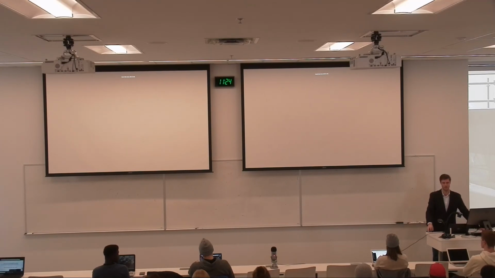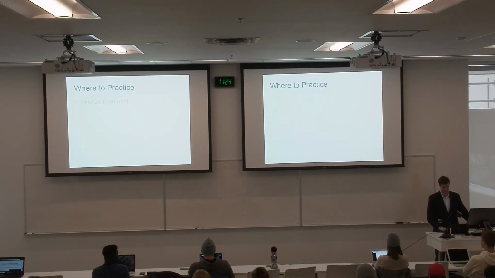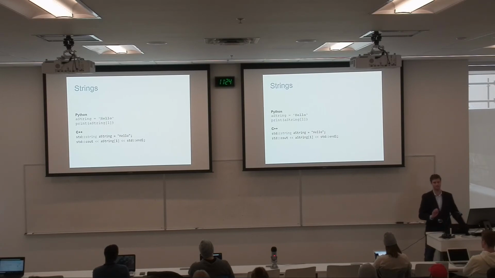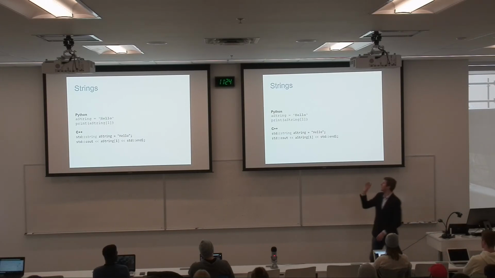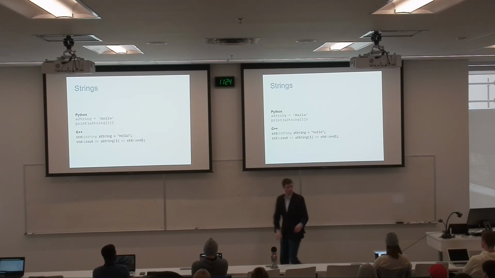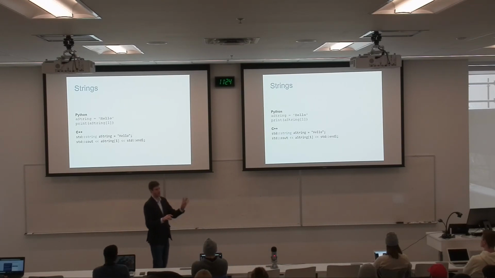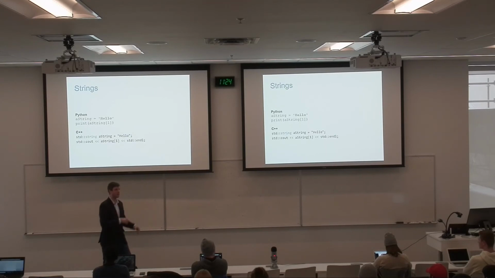Yes? The way you were, on one of the slides, assigning a string, and you had standard library before it. The string's different. This here, yes. So in Python, we don't need to say the type before the variable, right? So we could just say the string. Now, in C++, we always have to say the type.